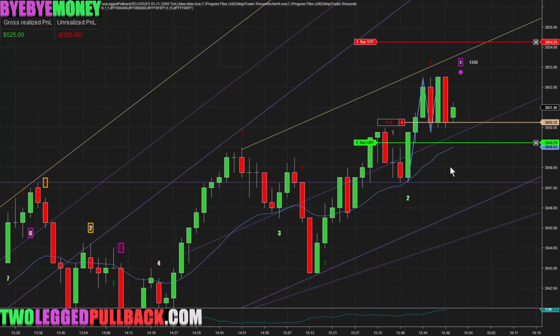So the reason why I went here is because this is a two-legged pullback still. Came here, micro quad top, and hitting the top of this range here, the top of this channel, showing weakness.